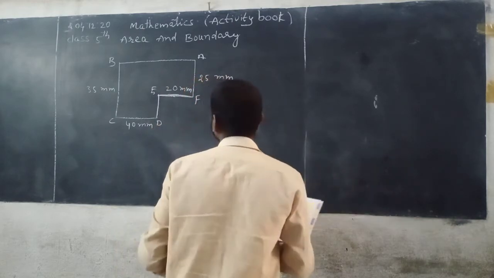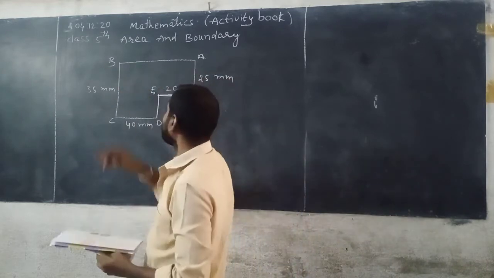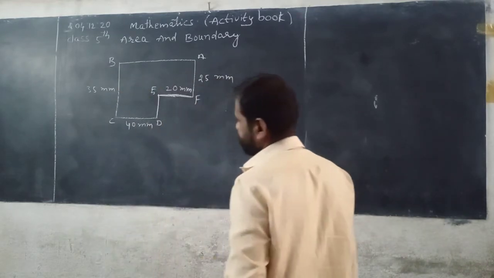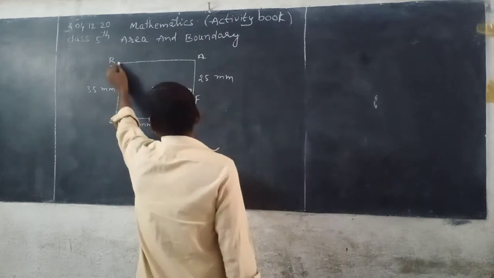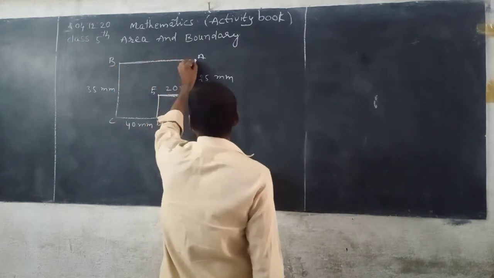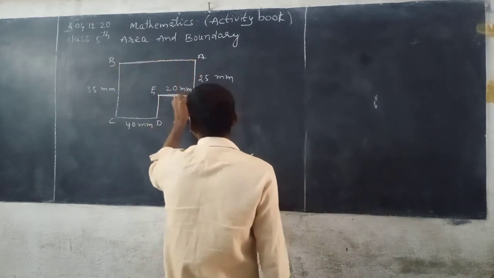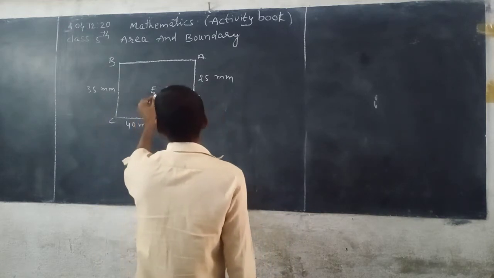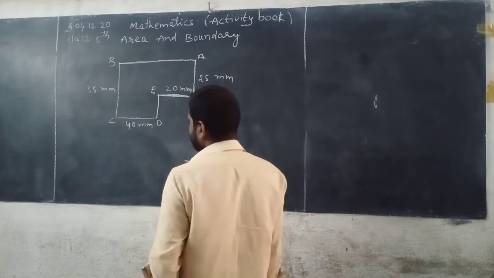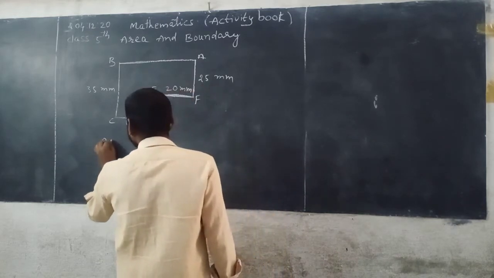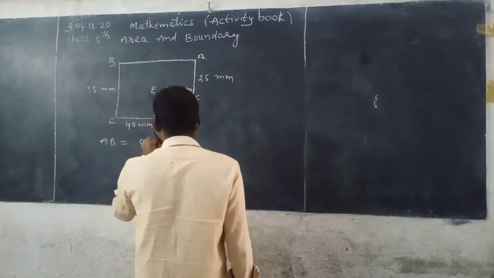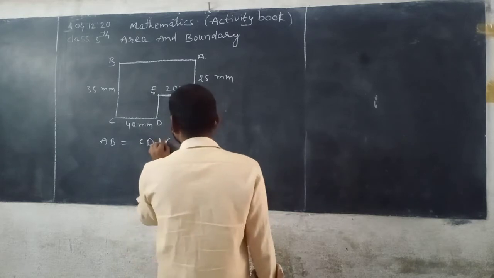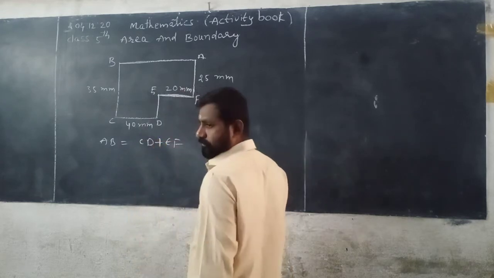Is it clear, beta? Side AB is not given, so you can find it out. You can find the length of the side AB, that is equal to CD plus EF. AB is equal to CD plus EF.